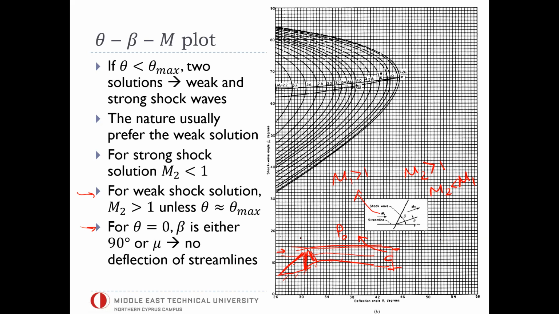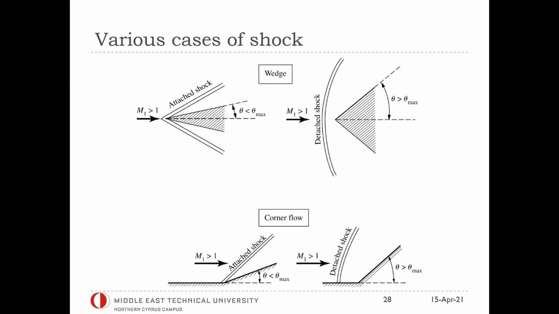So we just have the Mach wave with the angle mu, as we described yesterday. So this slide has some sketches related to what we talked about. Okay, but maybe I can say one more point.